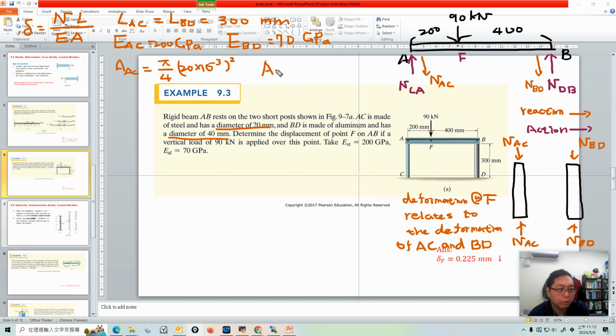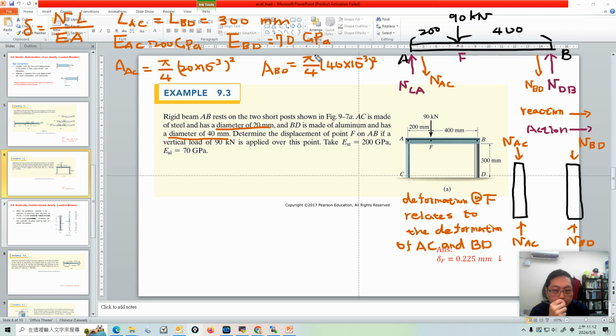Right now I don't want to calculate the value. A_BD is pi over 4 times 40 times 10 to the power minus 3 squared. So I think we have all the information.